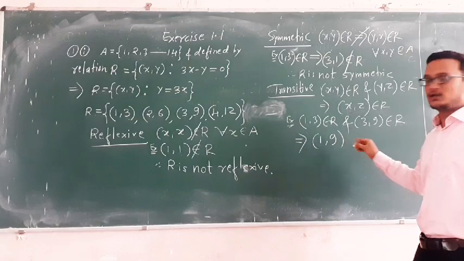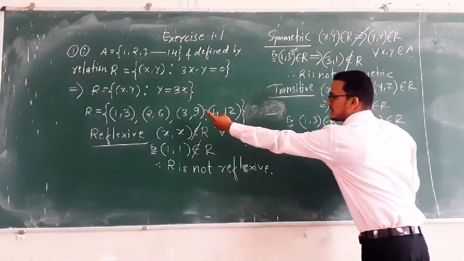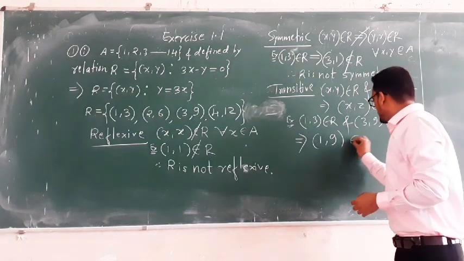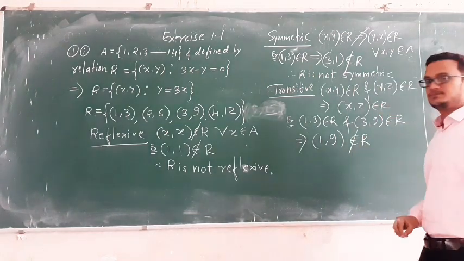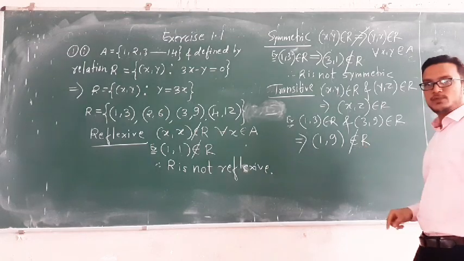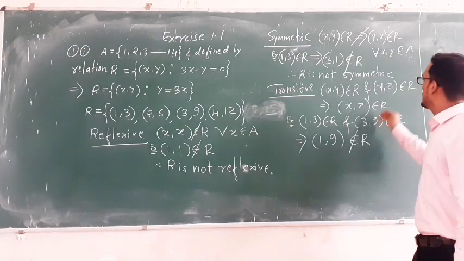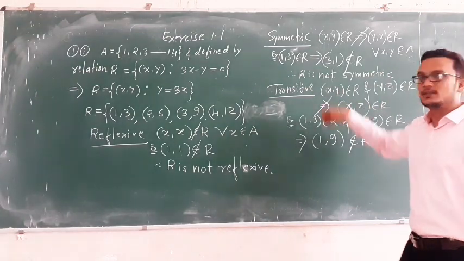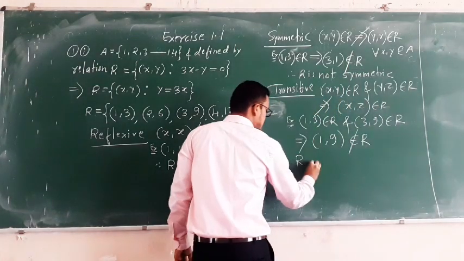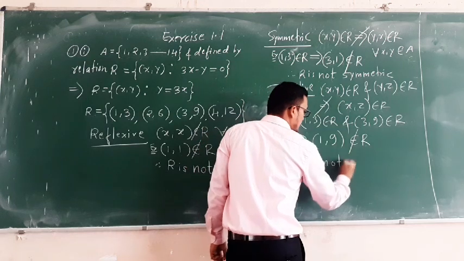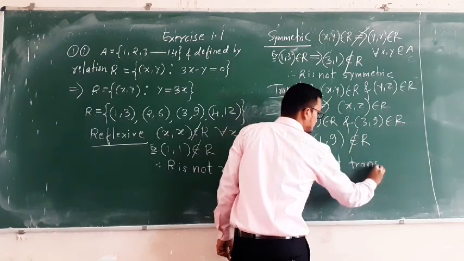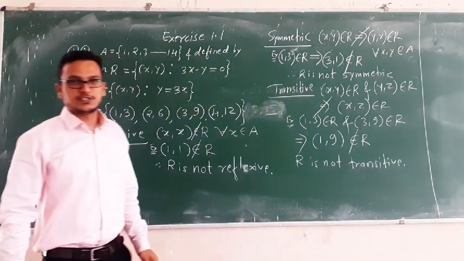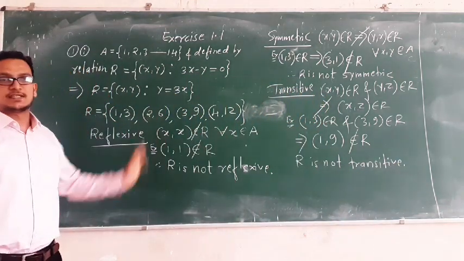So it is (1, 9). Check whether this (1, 9) is present in R. No. So this does not belong to R, and so this does not imply. If it does not imply, then what do we have to conclude? R is not transitive.